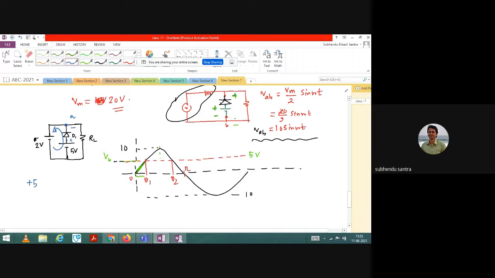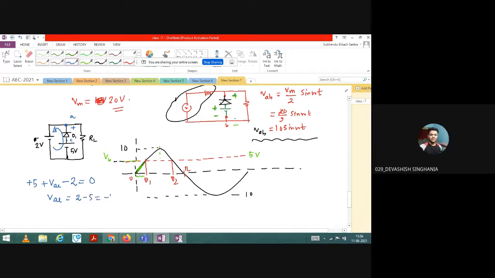I have considered this is plus and this is minus. So plus VAC, no, plus VCA. Then minus 2 equals 0. Then what is VAC? Minus 3.